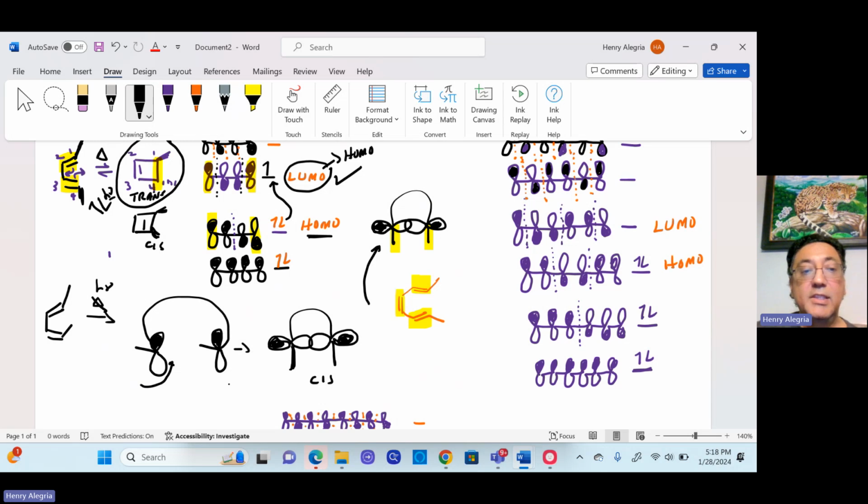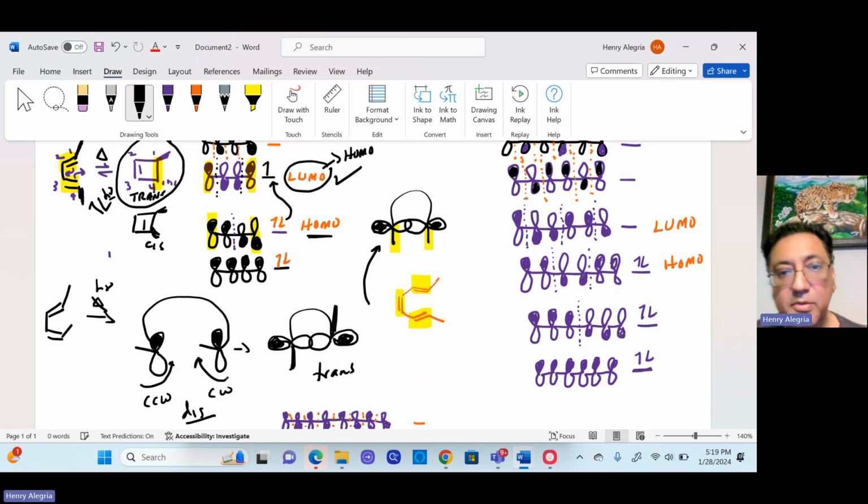To make the shaded one be to the left here, I have to rotate clockwise. But when I do that, notice the methyl group, which is here, now ends up, so this time, the methyl group here is going to end up that way. So I actually end up with a trans product. And if I rotate it counterclockwise here and clockwise here, that is, of course, disrotatory rotation. Make sense?